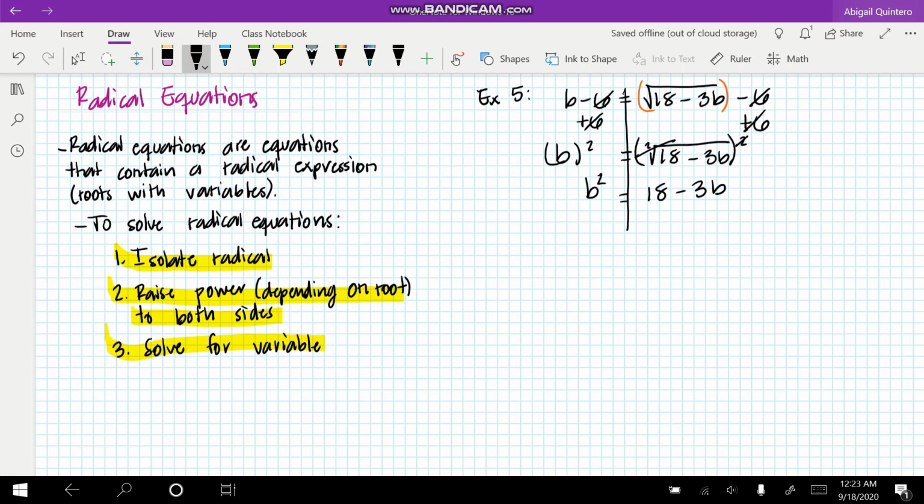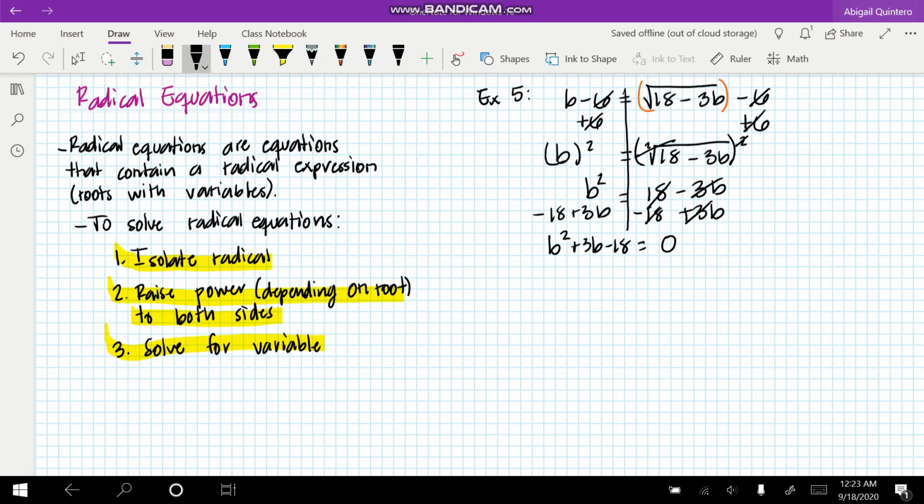So now I'm going to get all terms on the same side. I'm going to subtract 18 and add 3b. So this cancels on the right, and we end up with b squared plus 3b minus 18 equals 0.